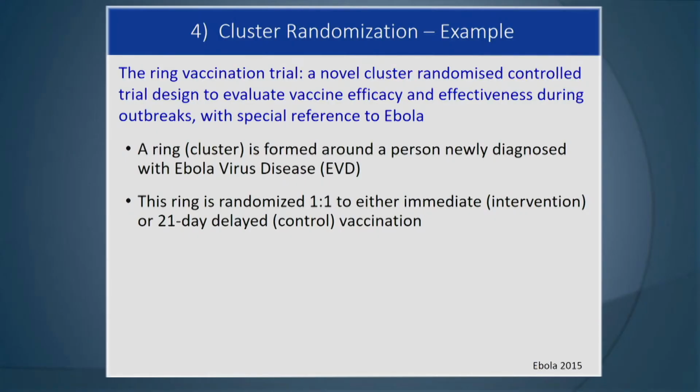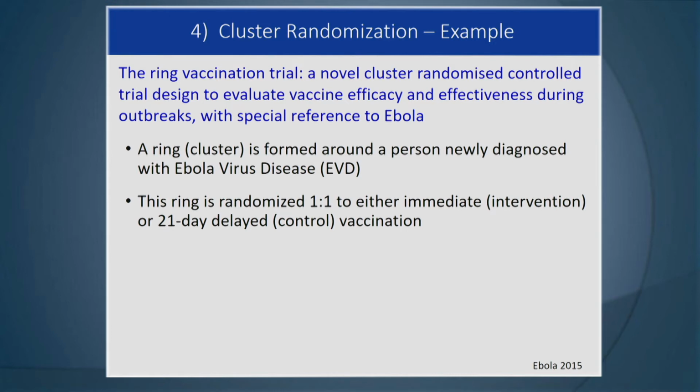So here's a real example of cluster randomization. It's the ring vaccination trial, a novel cluster randomized controlled trial designed to evaluate vaccine efficacy and effectiveness during outbreaks, with special reference to Ebola. In this case, and I thought it's genius, once they recognized a person who's newly diagnosed with Ebola virus disease, they form a ring around that person, and that becomes the cluster.